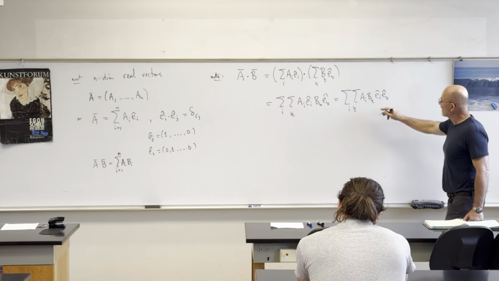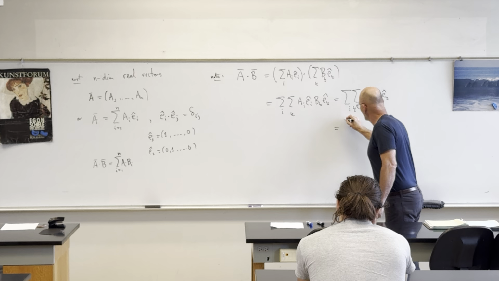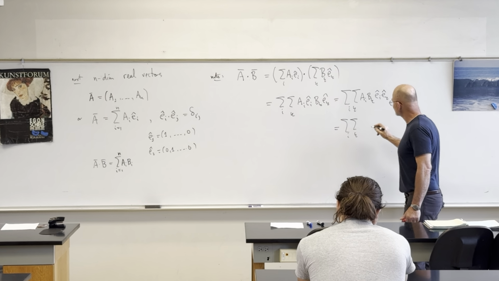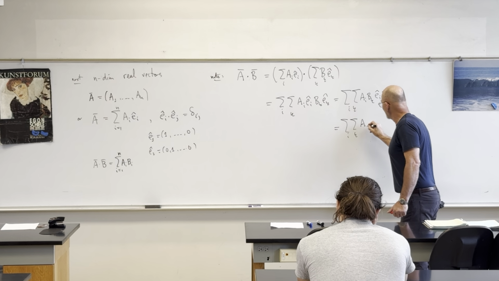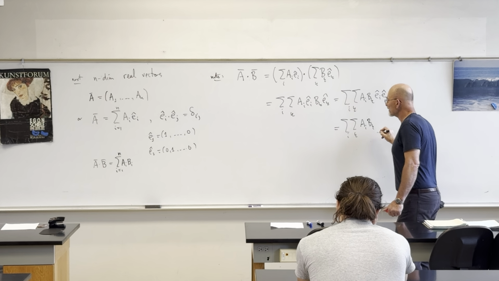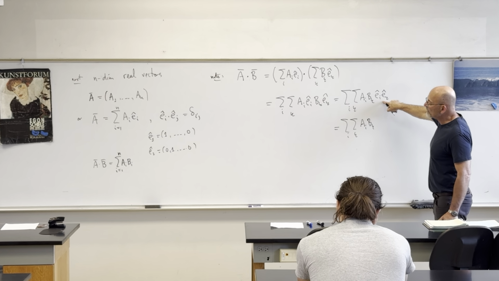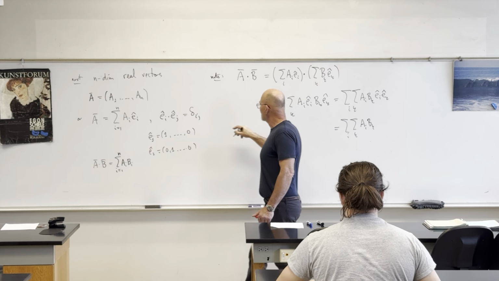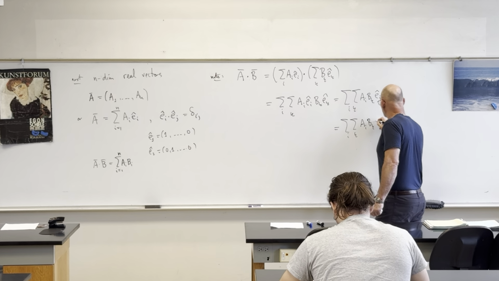And this is where we have the sum over i, k, A sub i, B sub k, and this Kronecker delta, which was delta i k.